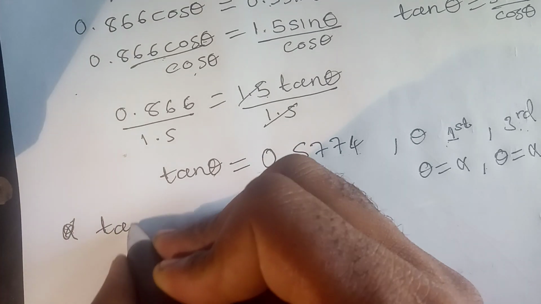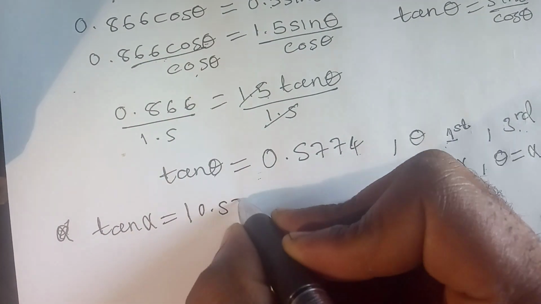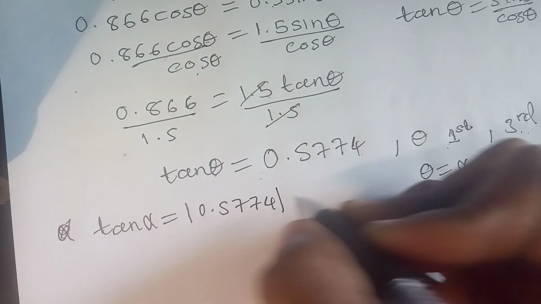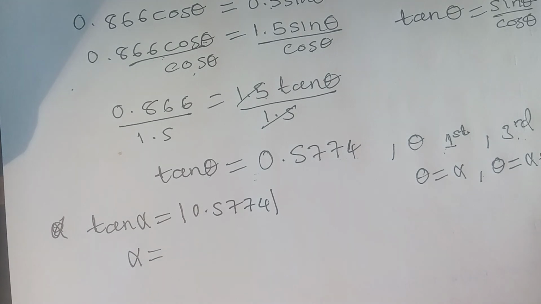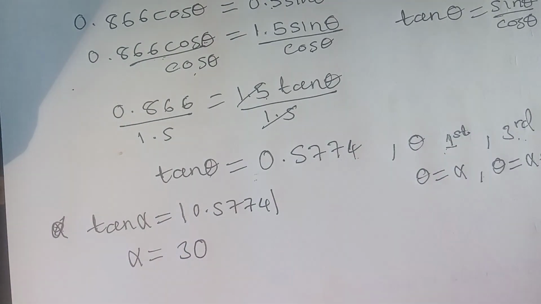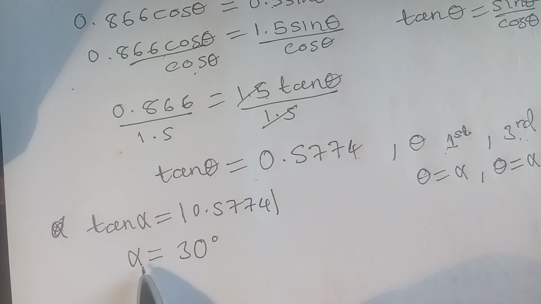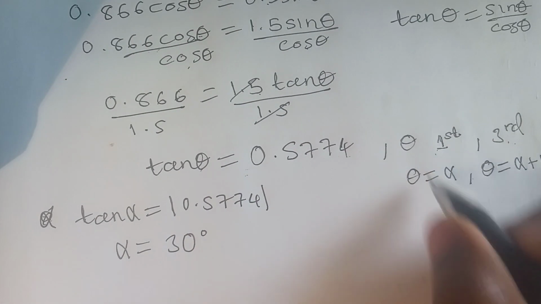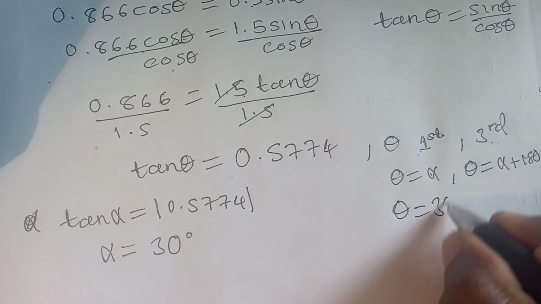So let's find alpha first. You can say tan alpha is equal to the modulus of 0.5774. And then our alpha will be tan inverse of that. This is giving me 30 degrees. So this is our alpha. So in the first quadrant, theta is equal to 30.